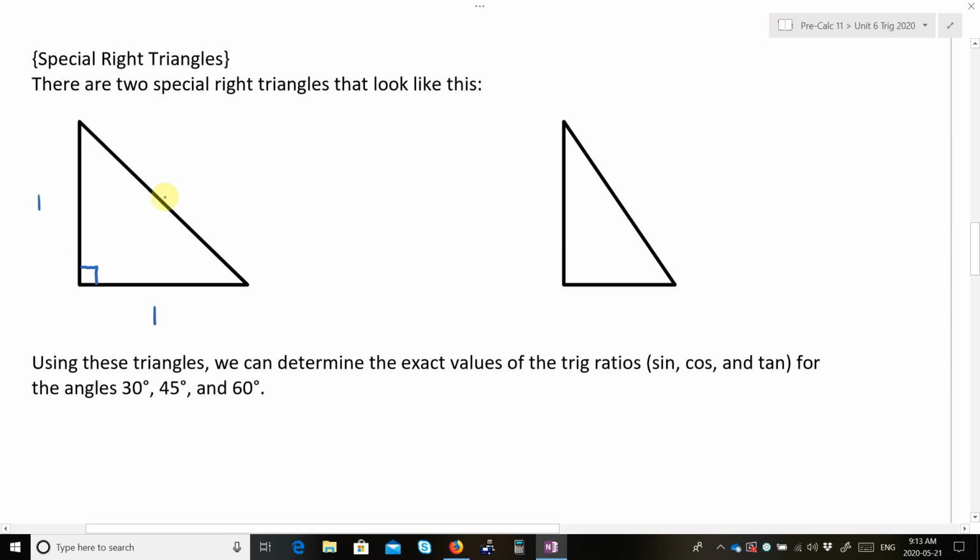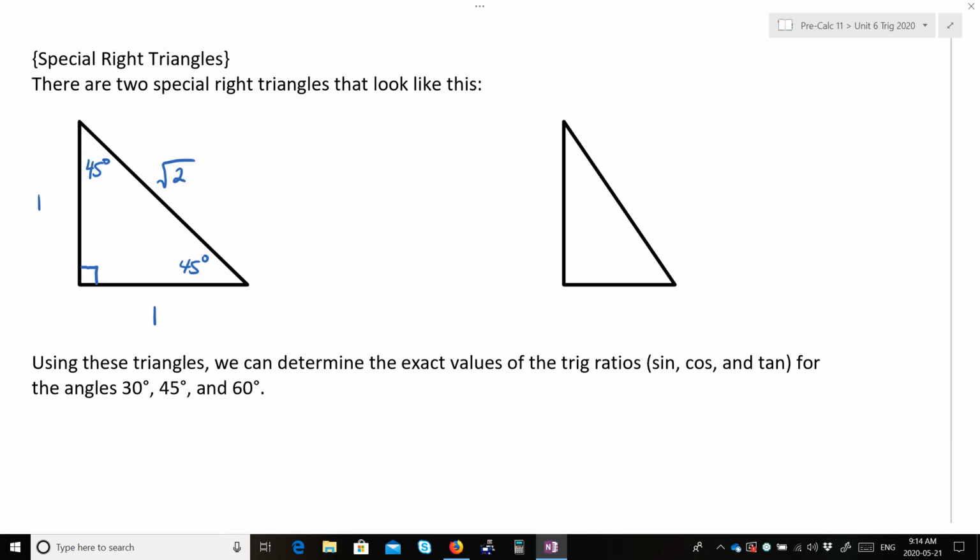By Pythagoras, you can show that the diagonal here, the hypotenuse, ends up being the square root of 2 in exact form. And if this is 90 degrees, these angles end up being 45 degrees. Okay, so it's called the 1, 1, root 2 triangle, or 45, 45, 90 if you want to talk about the angles.